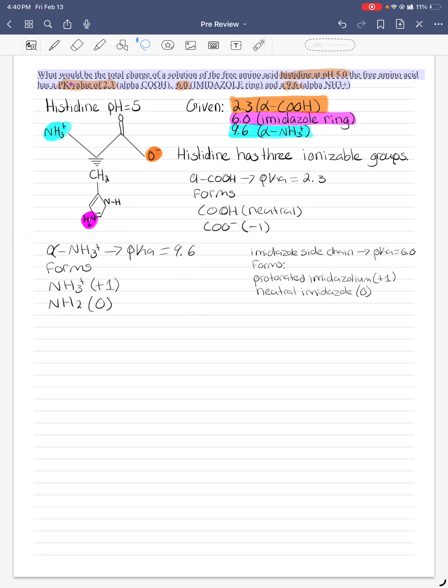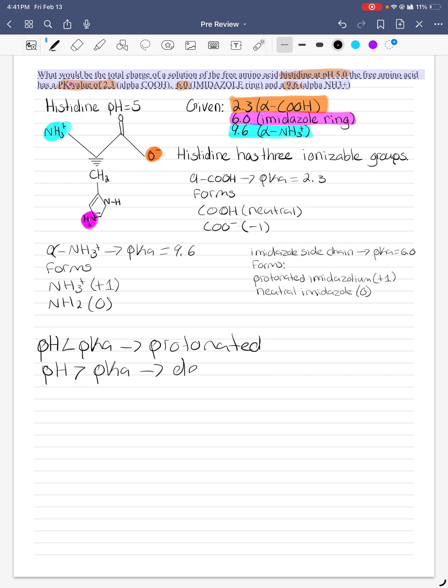All right, so the rule is that when a pH is less than the pKa, it is protonated. So let's just write the rule, right? When pKa is greater than pH, or when the pH is less than pKa, it is protonated. And when the pH is greater than the pKa, it's deprotonated.